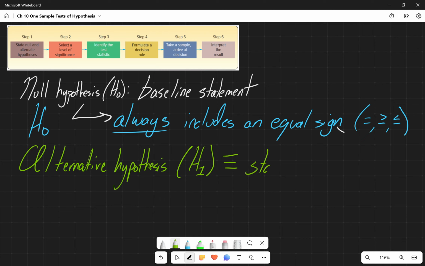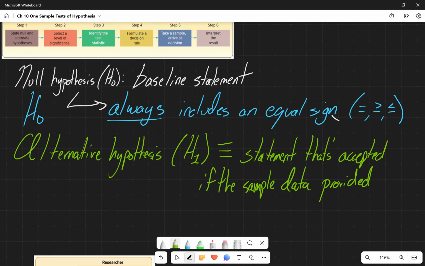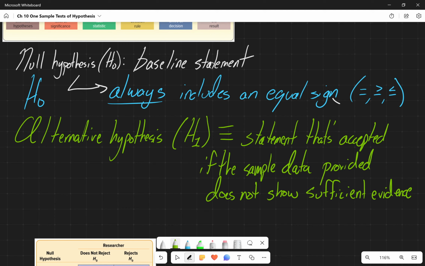So this is the statement that's accepted if the sample data provided does not show sufficient evidence that the null hypothesis is true.